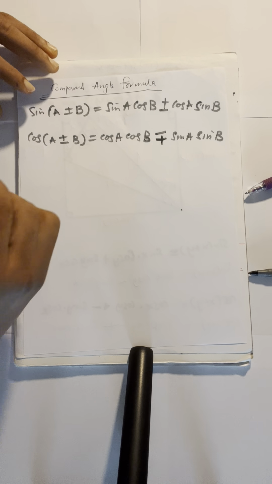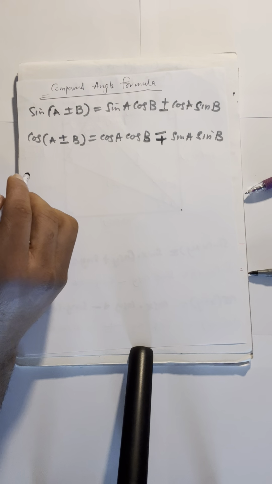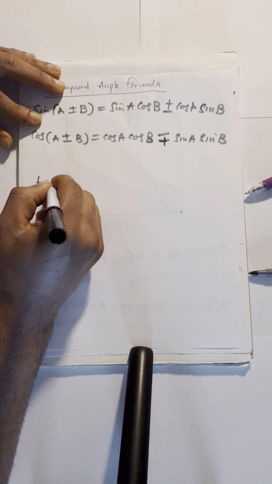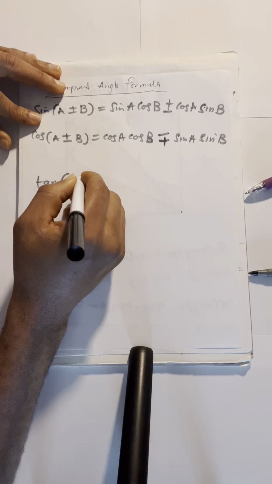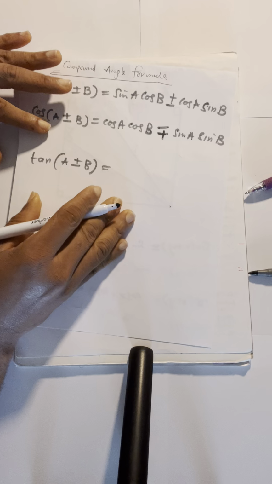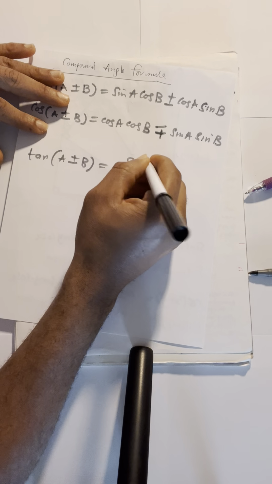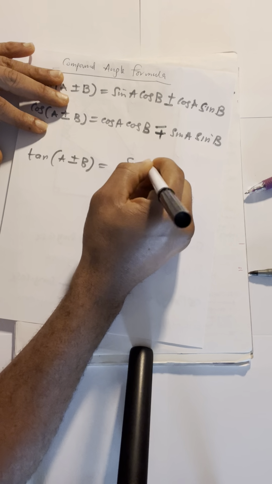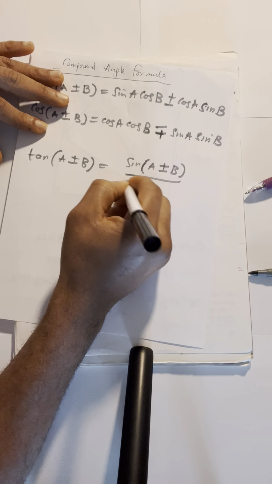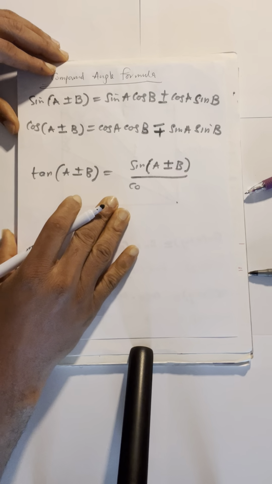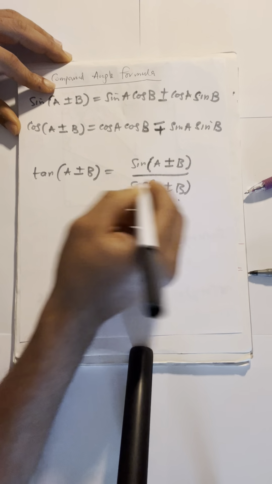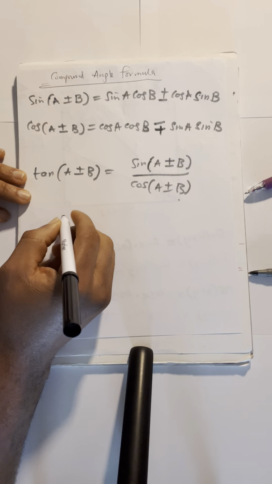Now, let us also put in mind, what would tan A plus or minus B of this function look like? It will be sine A plus or minus B over cos A plus or minus B. Okay.